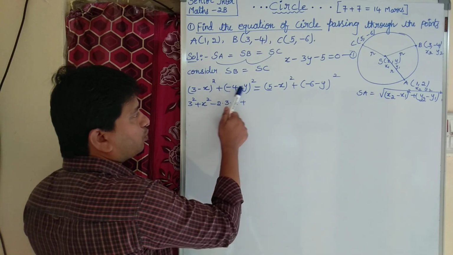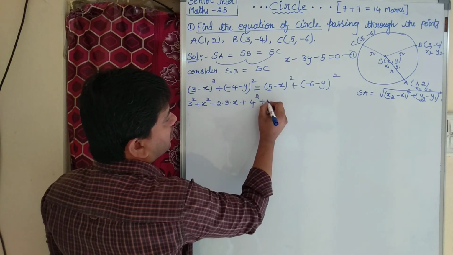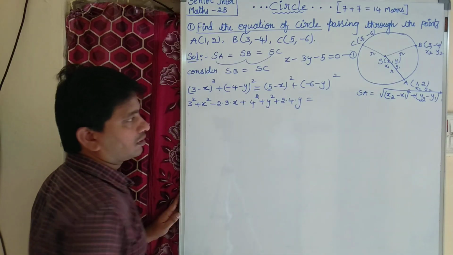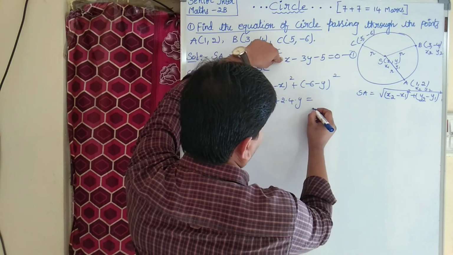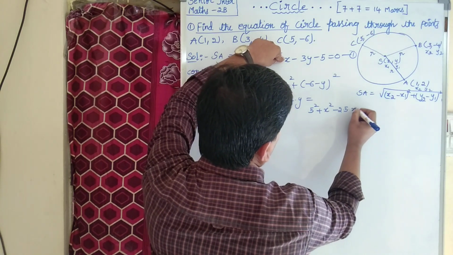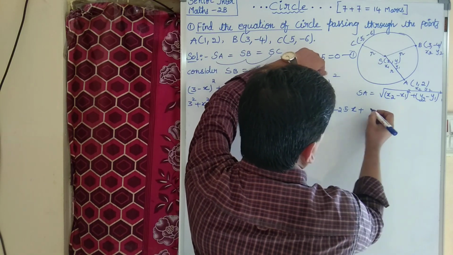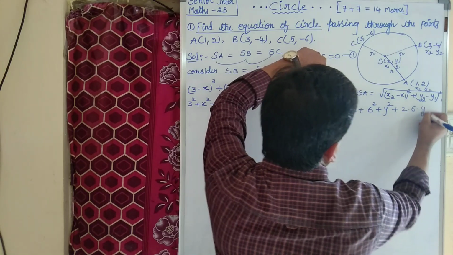As I told you, both are negative, we have to use the a plus b whole square formula, a square plus b square plus 2ab.